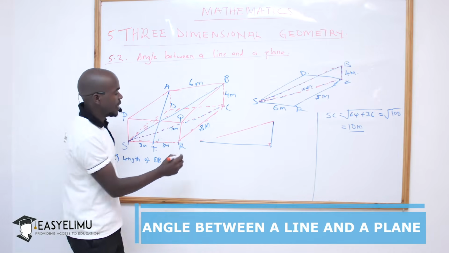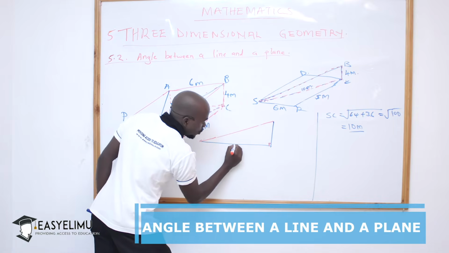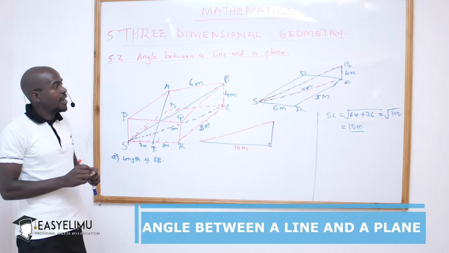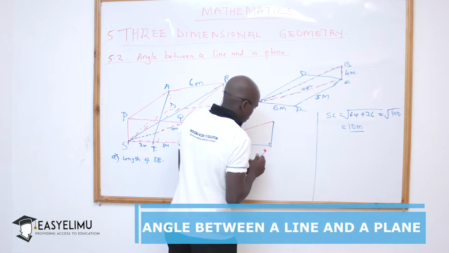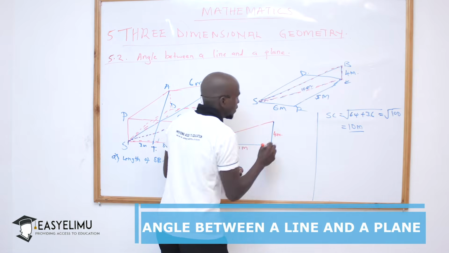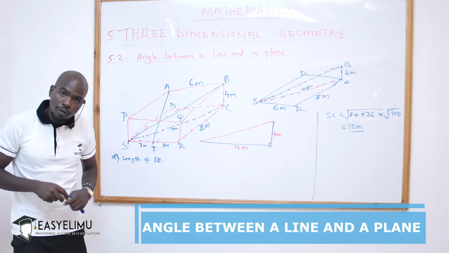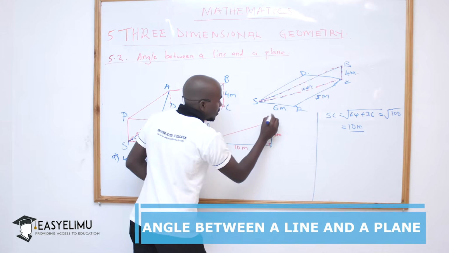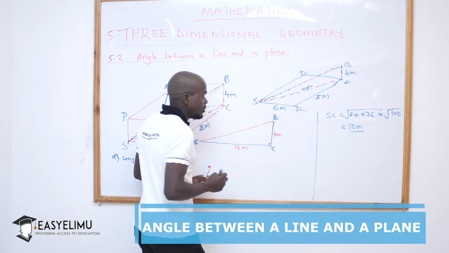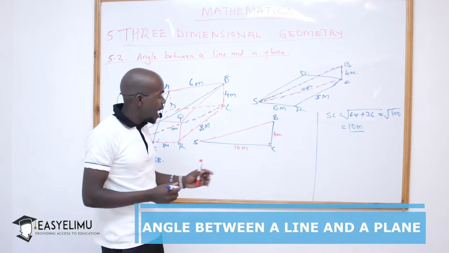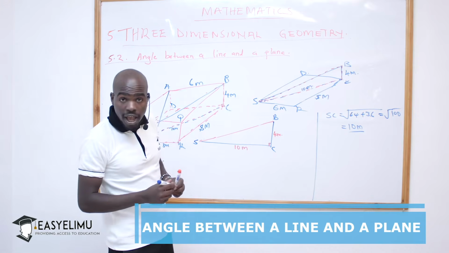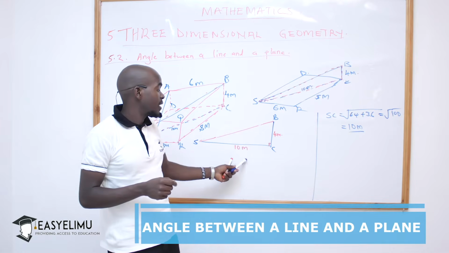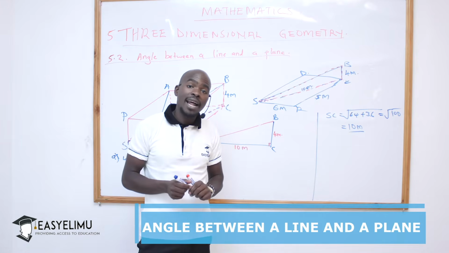And having that one as 90 degrees, we know this one we have found is 10 meters, and the other one is 4 meters. So we can comfortably calculate our SB, because we already have the base of that triangle, and also the height of the triangle, and we know that this one is a right-angled triangle.